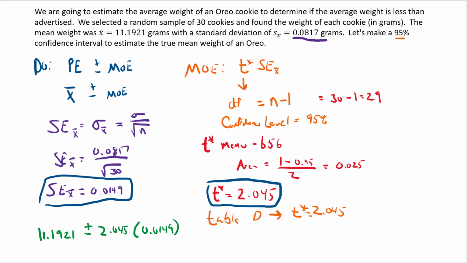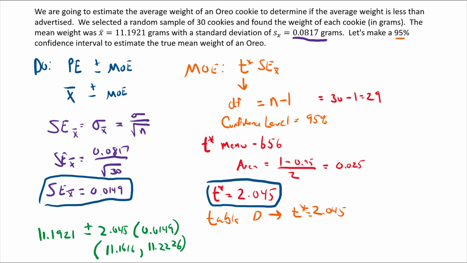Let's go with the lower value first. So our lower value is going to be 11.1921 minus 2.045 times 0.0149. We should get 11.1616. And if we did a plus instead of a minus, we would get 11.2226.